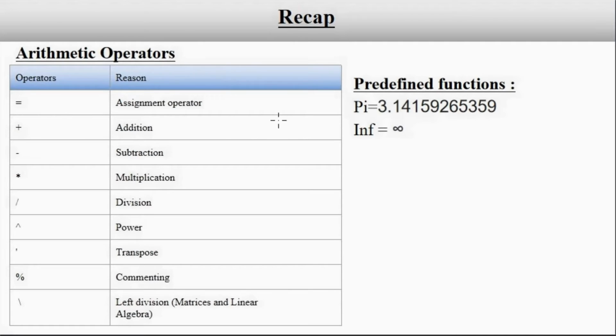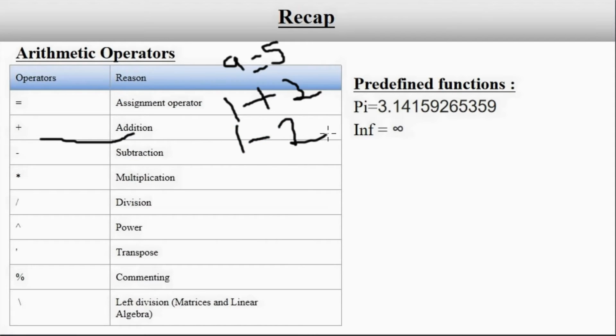So let's recap them. We saw the assignment operator, means we use equal to as the assignment operator. Suppose we want to give value 5 to A, so we use A equal to 5, so it stores 5 in some memory location. And plus is used for addition, we are able to add two numbers like 1 plus 2, and the negative symbol, the dash, is used for subtraction, 1 minus 2.